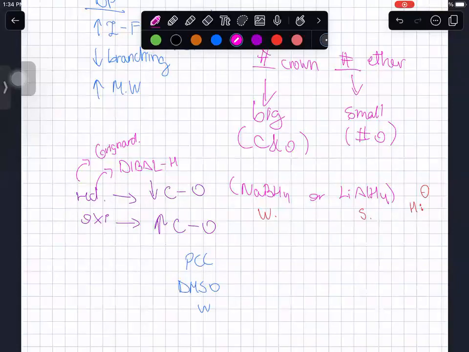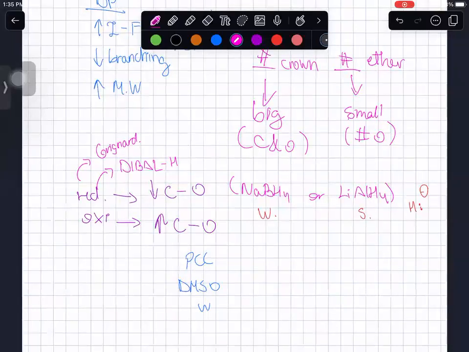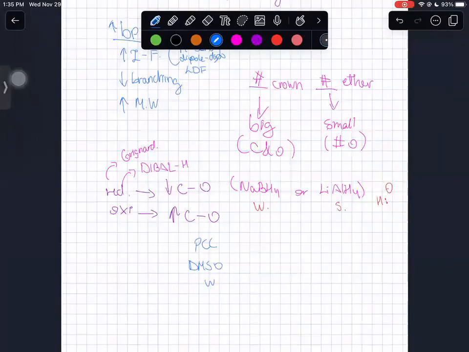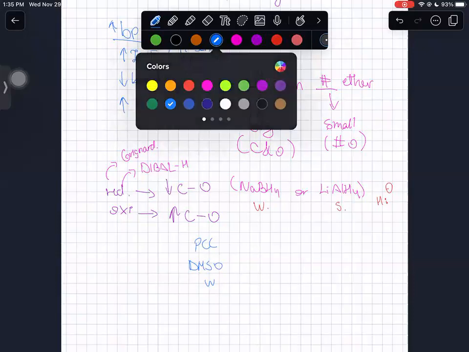Yes, those were the easiest ones to memorize. There was something in particular about strong oxidizing agents. They had a bunch of oxygens. Yes, that's it. Something with chromium, there's a few options.